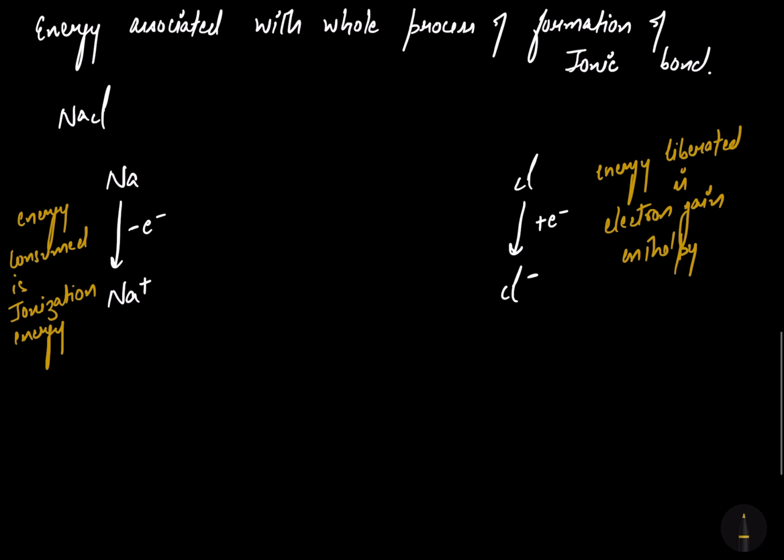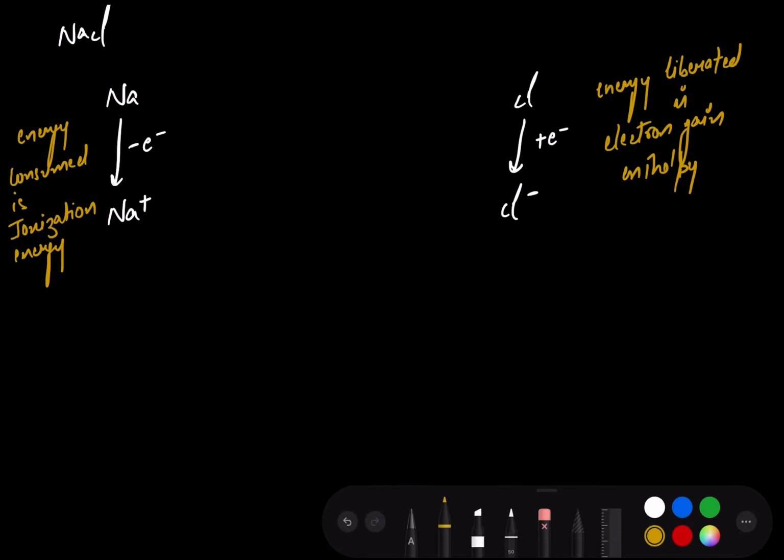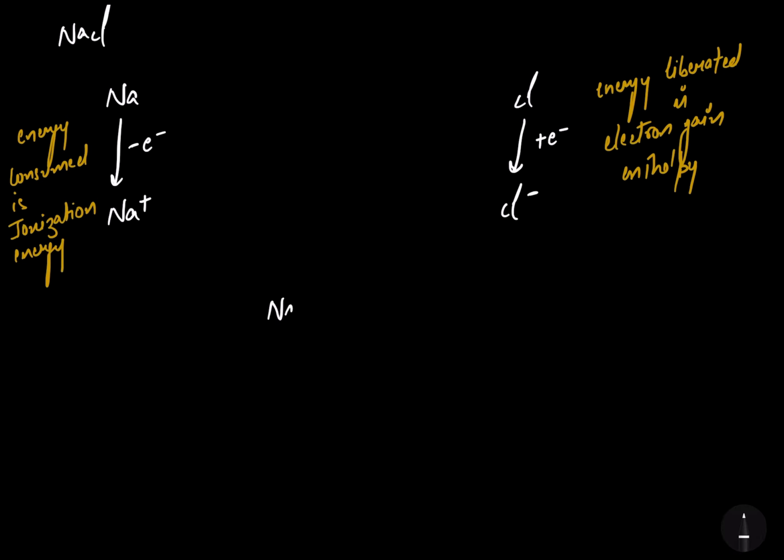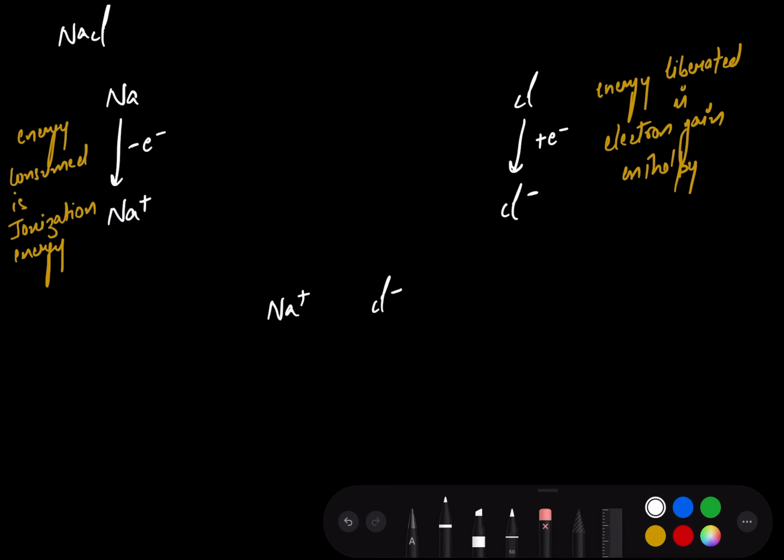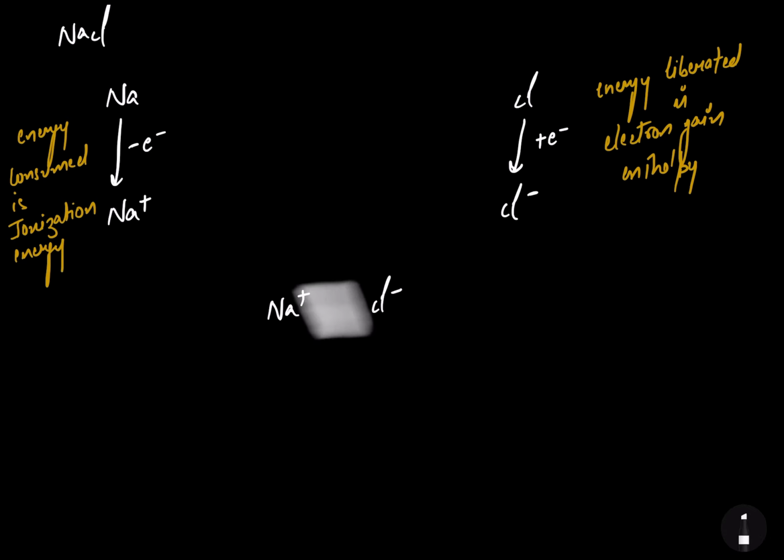Now after that, what will happen? Na positive and Cl negative will arrange, first of all they will have the formation of ionic bond between them.